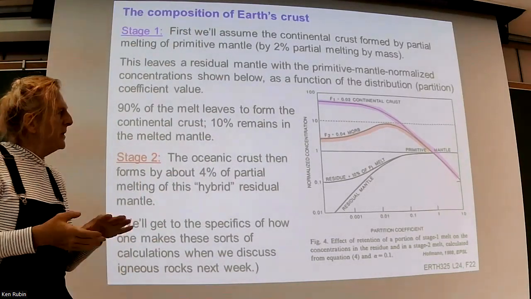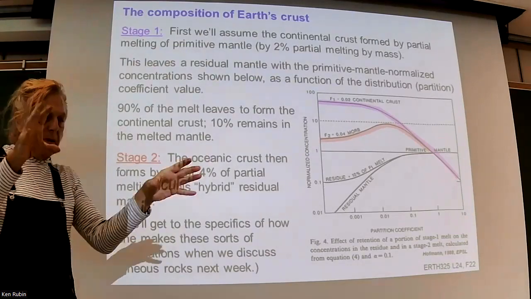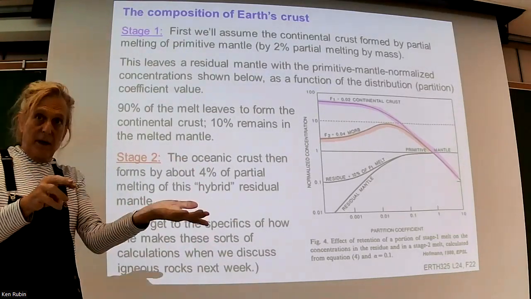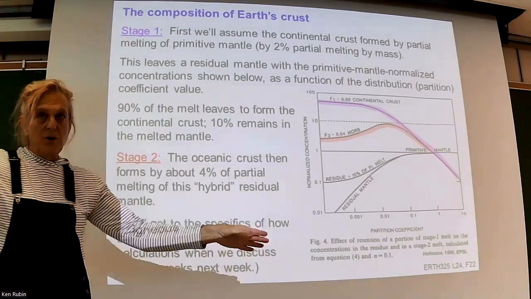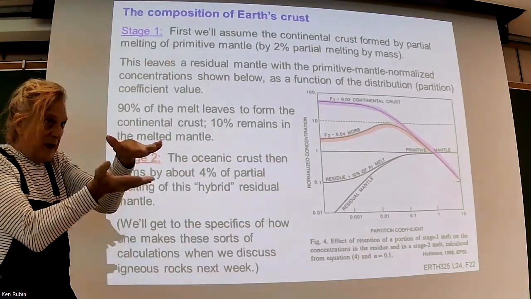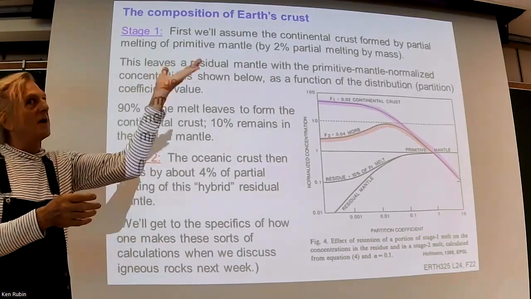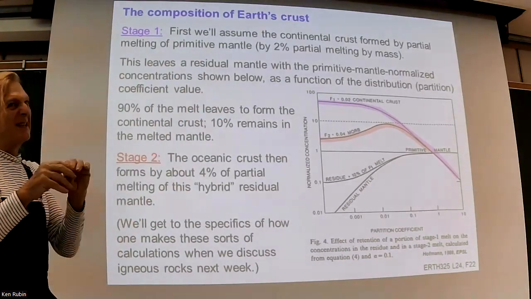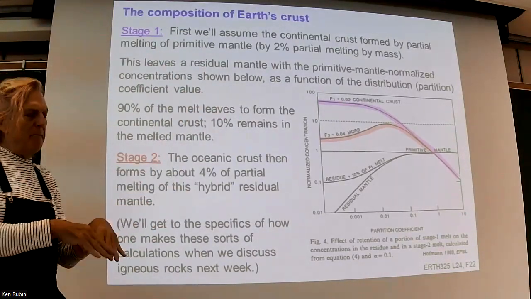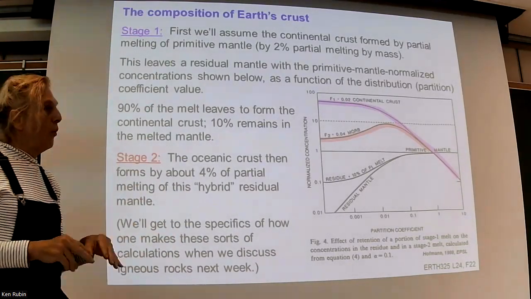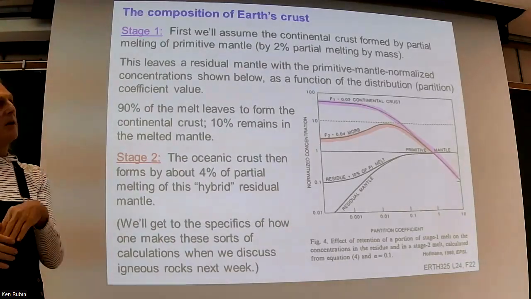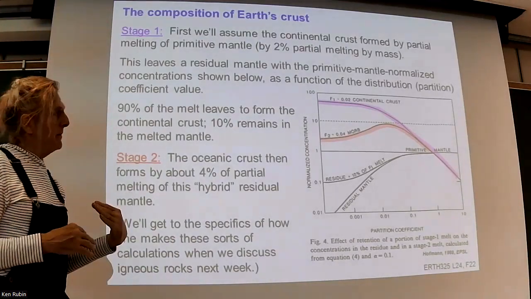So it starts to accumulate, and that leaves behind some mantle underneath it that's been depleted. Then later, plate tectonics starts, and we start ripping open ocean basins, which samples the shallow upper mantle, where the crust has already been removed, and so it's sampling the depleted mantle, and it melts, and it makes oceanic crust. So we get these two kinds of crust, one coming from a more primitive type of mantle, and one from a more depleted type of mantle.